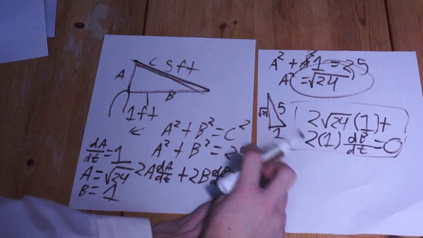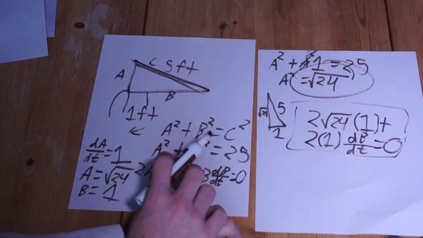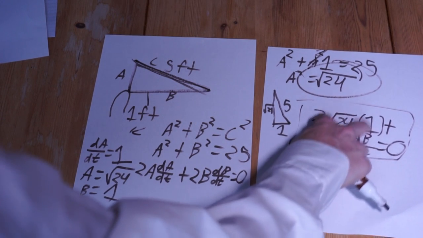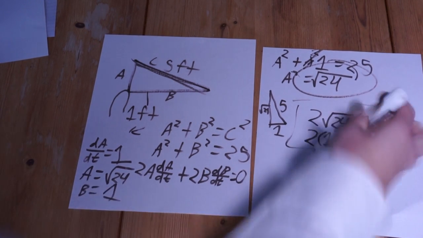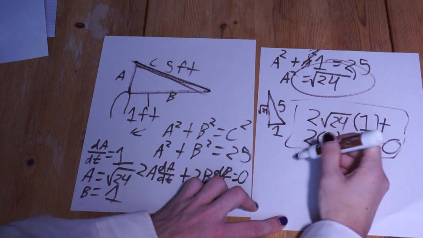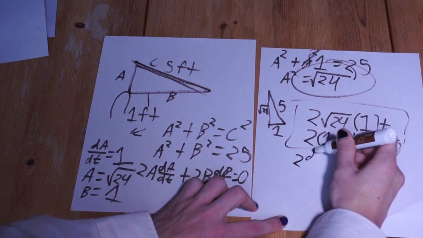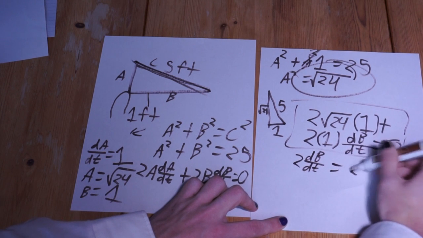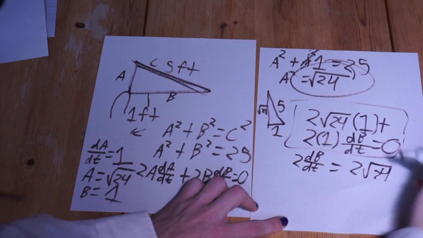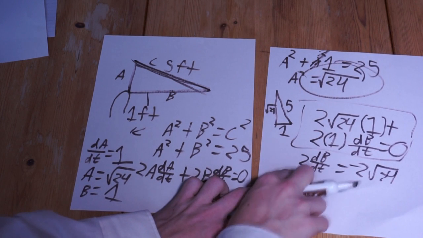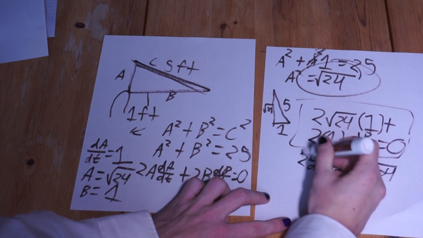Yep. So because this is all one equation, let's go ahead and solve for dB over dt. That's what we're trying to do. So to do that, we have to subtract this. So right now, the equation will look like 2 dB over dt equals negative 2 root 24. And then we divide by 2 to get rid of that.